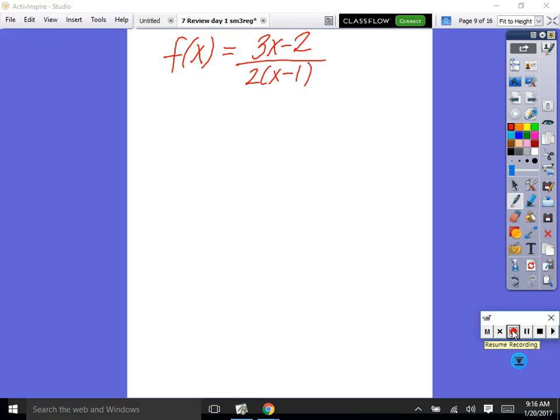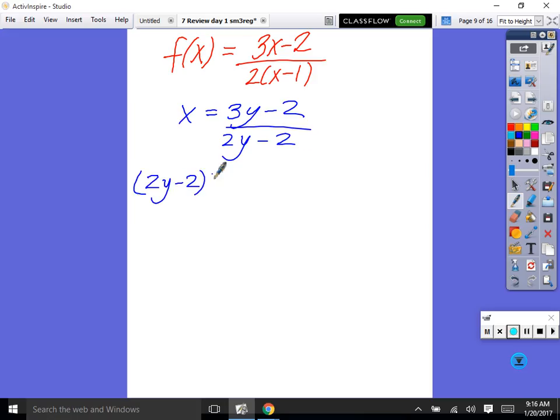So okay, I'm going to go through it quickly. So we switch x and y, right? So we have x equals 3y minus 2 divided by 2y minus 2. Yeah? Then we would multiply both sides by 2y minus 2. So 2y minus 2 times x equals 3y minus 2, right?